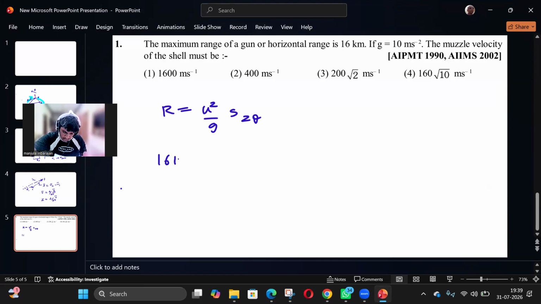Squaring, 256 by 5 equals 51.2. Okay, sorry, 16, 2 into 10 to the power of 2, 20.